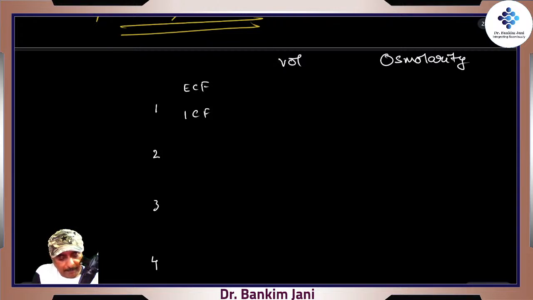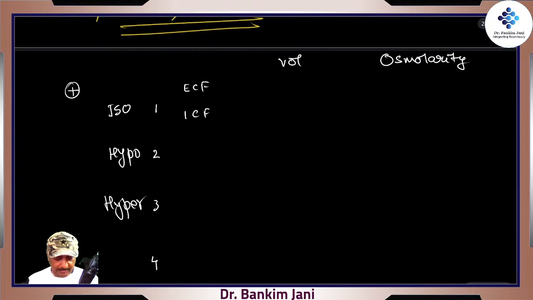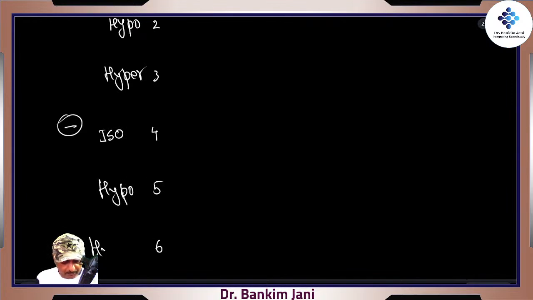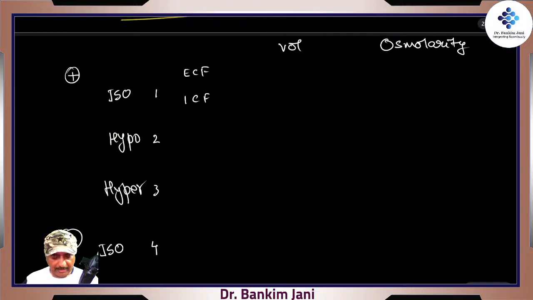And then add iso, hypo, hyper, okay? And then over here remove. That is loss, right? So this is loss of iso, loss of hypo, and loss of hyper, and fill up.